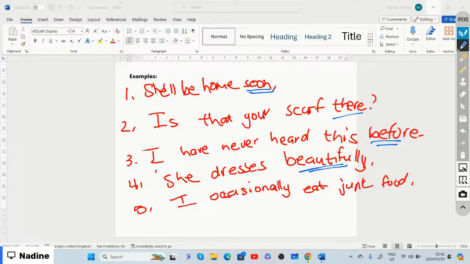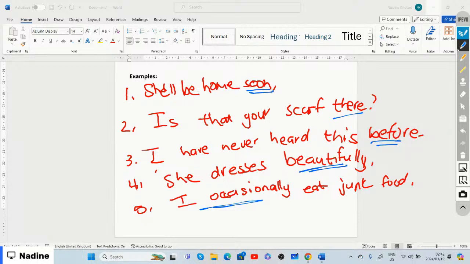So if we identify our adverb in there, we can say it's occasionally, right? So it's like asking somebody, how often do you? And they immediately say, I occasionally. Right? And these are basically different types of adverbs.